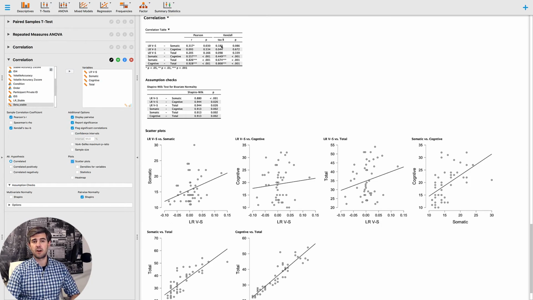So using a non-parametric Kendall's approach, it's no longer significant. So this shows you why it's worth having a look at these different assumption checks to make sure that you use the correct correlation analysis, whether that's Pearson's for a parametric analysis, or Spearman's for rank, or Kendall's for the full non-parametric approach.